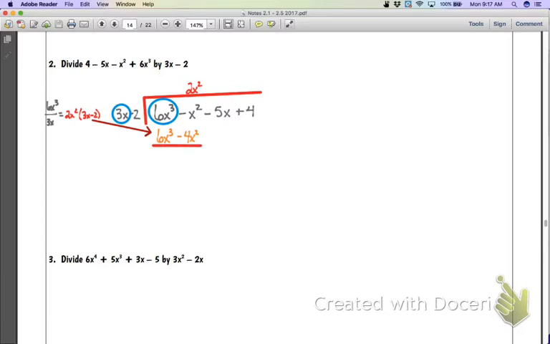Change my signs. So I'm going to change this to a minus and this to a plus. My 6x to the thirds go away. That's what I want to happen. So then I have negative 1 plus 4. So I'm going to have 3x squared.